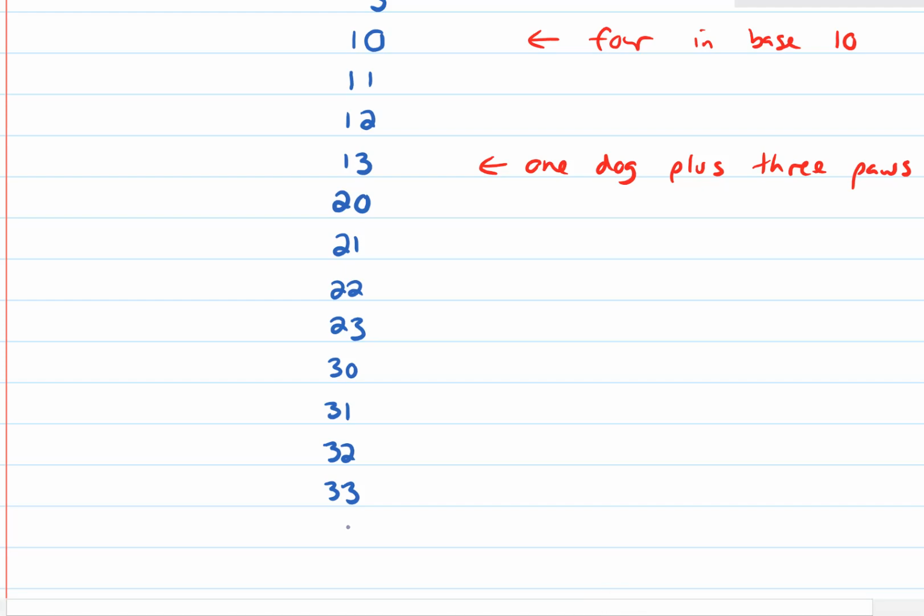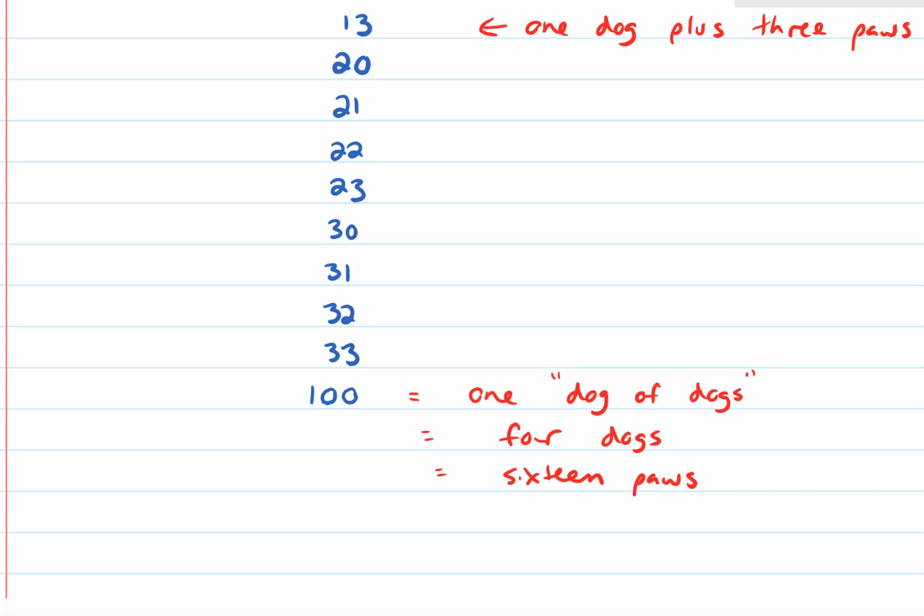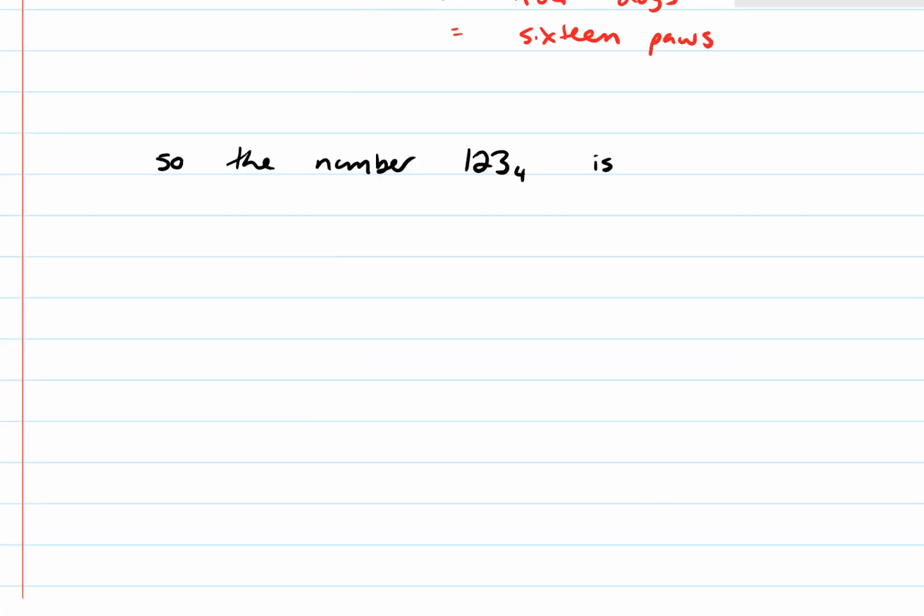When you add 1 to 3, you get 4. We write 4 by writing a 0. We add 1 to the next column. 3 plus 1 is 4, so we write a 0 and then add 1, and then this number, 1 dog of dogs, that's the same as 4 dogs, which we know to have 16 paws.